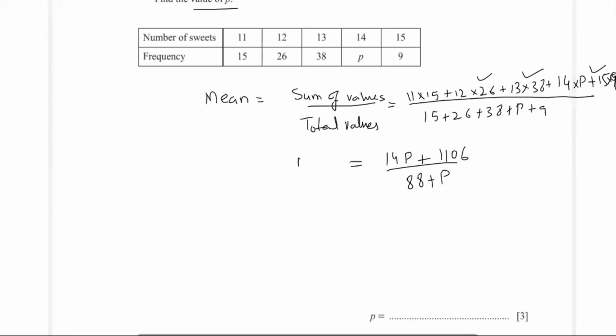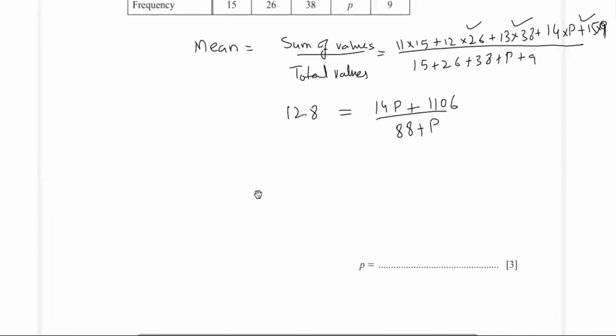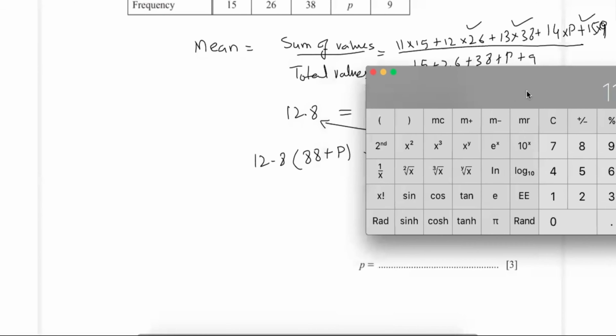We write here 12.8. Now we multiply 12.8 by 88 plus P. We cross multiply it, equal to 14P plus 1106.